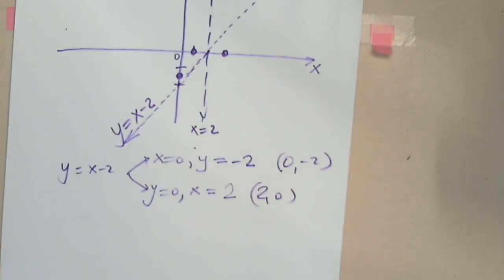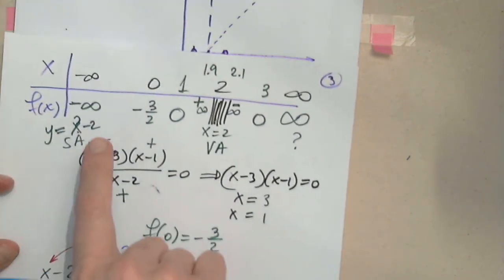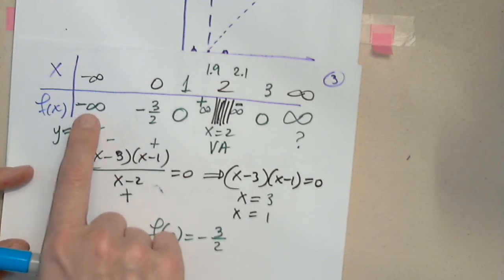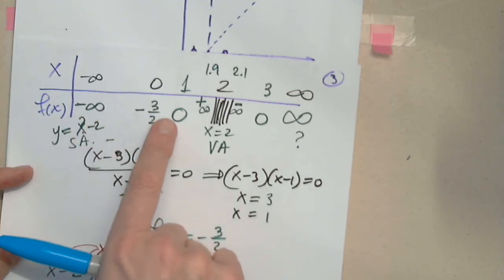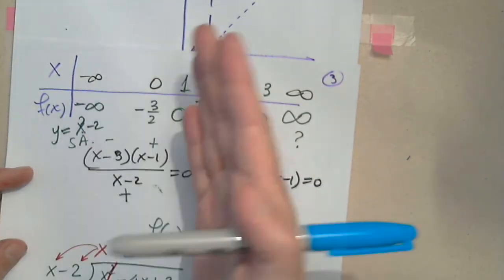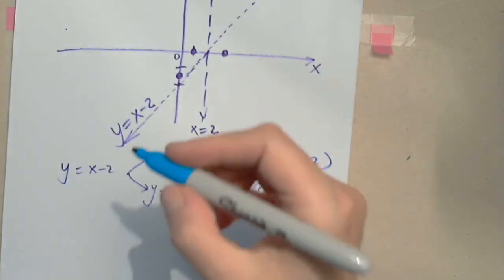Now I'm ready to go back to my table and do what the table is telling me to do. The table says, from approaching the asymptote, -infinity, cross the y-axis, the x-axis, and go to infinity on the left-hand side of the vertical asymptote. No problem.